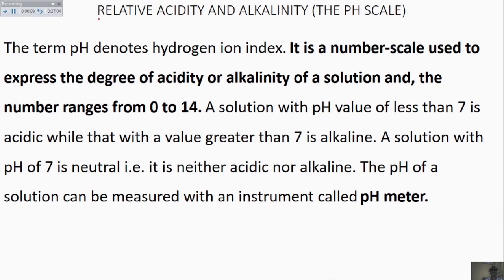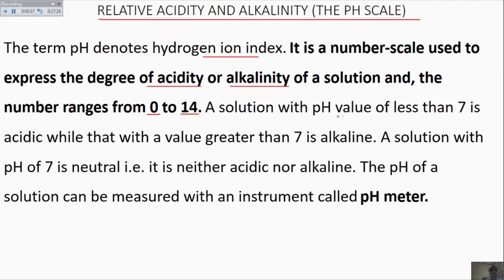Then let's talk about relative acidity or alkalinity. We call it the pH scale. The pH denotes hydrogen ion index. It is a number scale used to express the degree of acidity or alkalinity of a solution. And the number ranges from 0 to 14, very important.